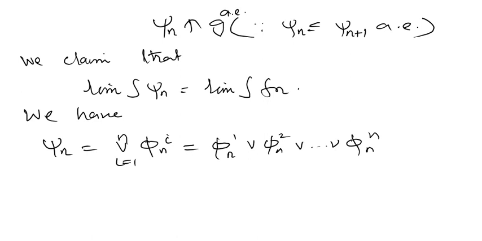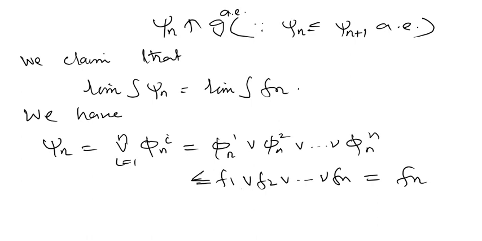But phi n1 is the generating sequence for f1, so it's less or equal to f1, because f1 is the increasing limit of phi n1, and phi n2 is a generating sequence of f2, so it's less or equal to f2, and so on up to fn. Again, fn is an increasing sequence, so the join of f1, f2, ..., fn is equal to fn. So psi n is less or equal to fn.